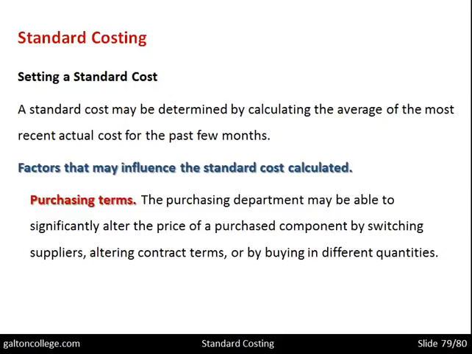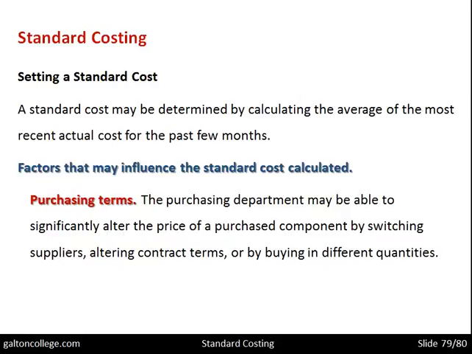And purchasing terms will be our last topic. The purchasing department may be able to significantly alter the price of a purchased component by switching suppliers or altering contract terms or by buying in different quantities.